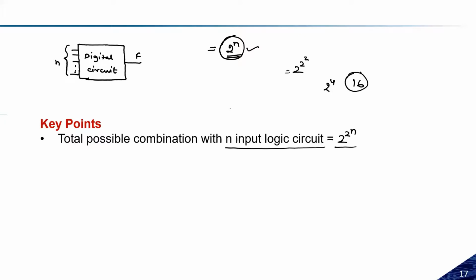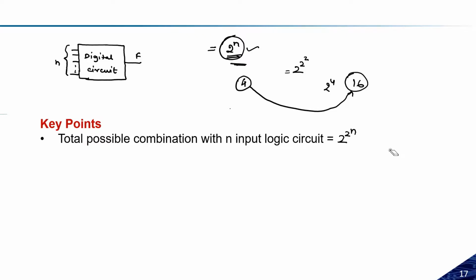So based on the earlier formula we got only 4 possible combinations, which is not correct. We will have a maximum of 16 possible combinations if I have 2 inputs. This looks strange, but I will definitely justify how this is true.